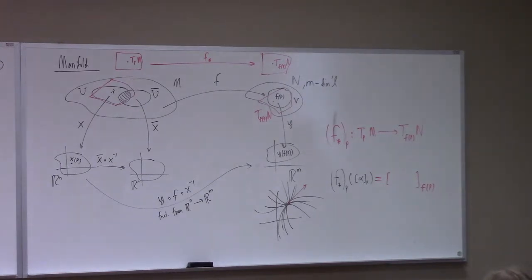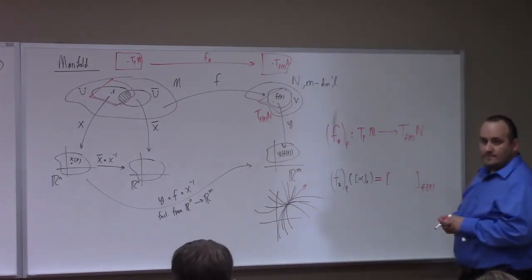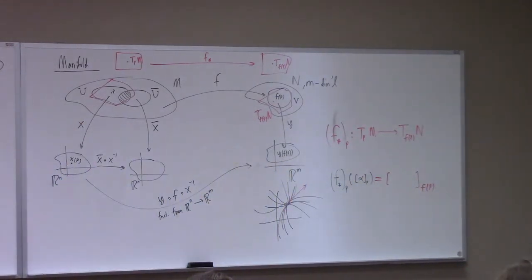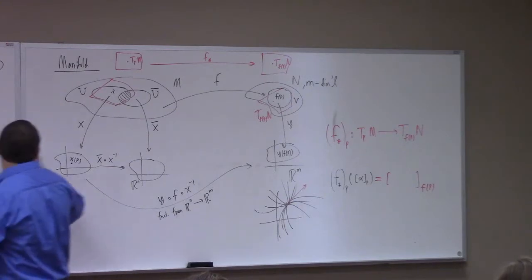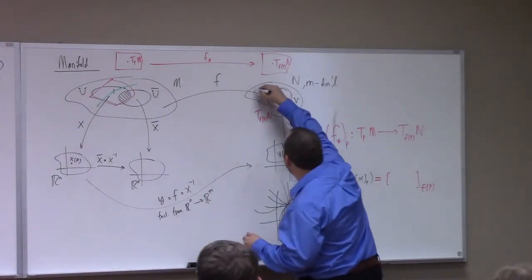This is the differential for manifold maps. How do I take a curve here and produce a curve over here? Let me ask it in a different, somewhat leading way.